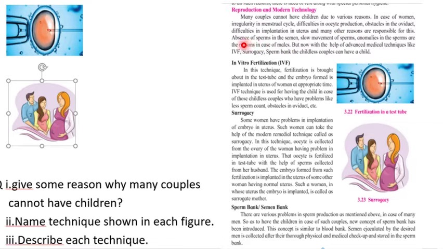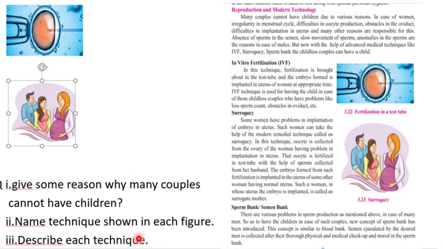Now, in the man, the absence of sperm in semen, slow movement of the sperm, and anomalies in the sperm are the reasons. So here, due to modern techniques like IVF, surrogacy and sperm bank, the childless couple can have a child.